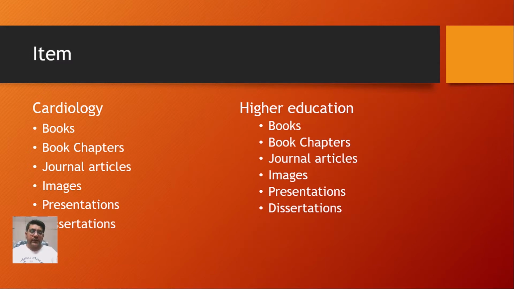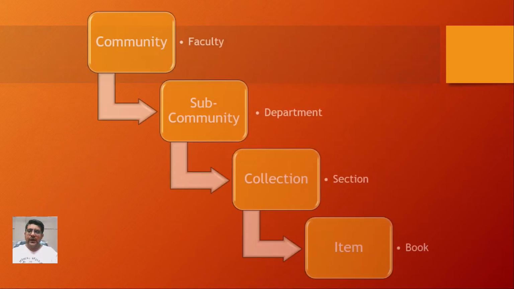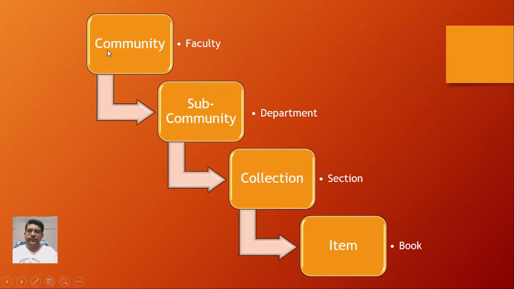So let's start working on these things and let's see. You have a community, which would be your faculty, the core group, and the sub community, the further subdivision, and the collection, a further subdivision, and then items. This is similar to the subject headings, and we have DDC, I mean Dewey Decimal Classification.